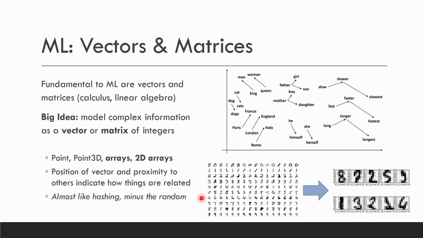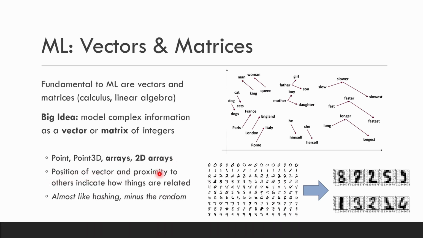More on machine learning. Fundamental in machine learning are vectors and matrices, things you'll learn about in calculus or linear algebra, which are maybe the requirements for this class, so you've probably heard of these already. And this big idea is that we're going to model complex information as a vector or matrix of integers. We can use things like point or point3D, which we've seen in class, arrays and two-dimensional arrays.